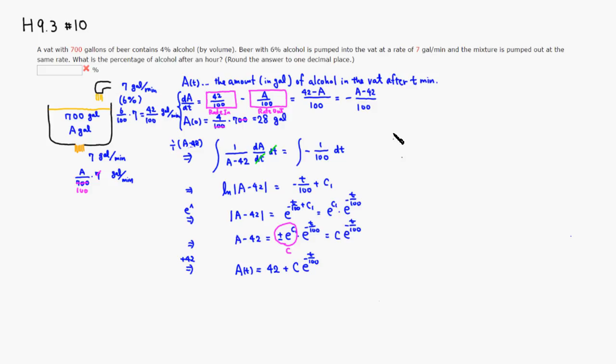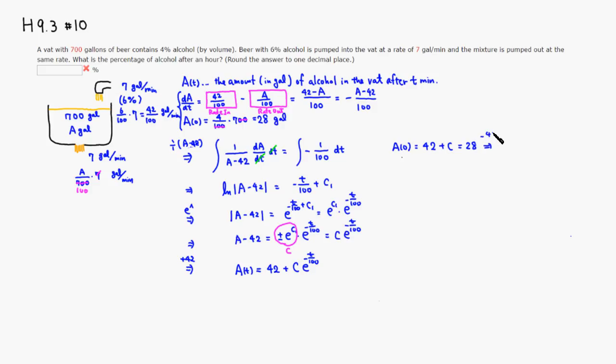So A of 0 equals 42 plus C, since e to the 0 is 1, and this equals 28.